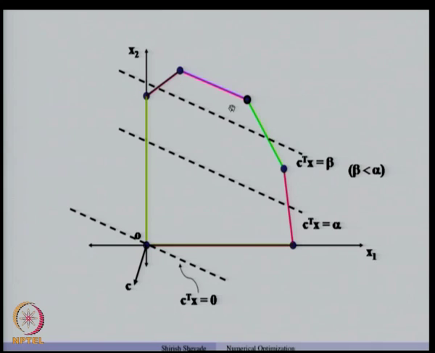And if we go on moving this hyperplane further, we will see that we get the solution, but this time the solution is not unique. What I mean by the non-uniqueness of the solution is that there exist different x which will give us the same objective function value.